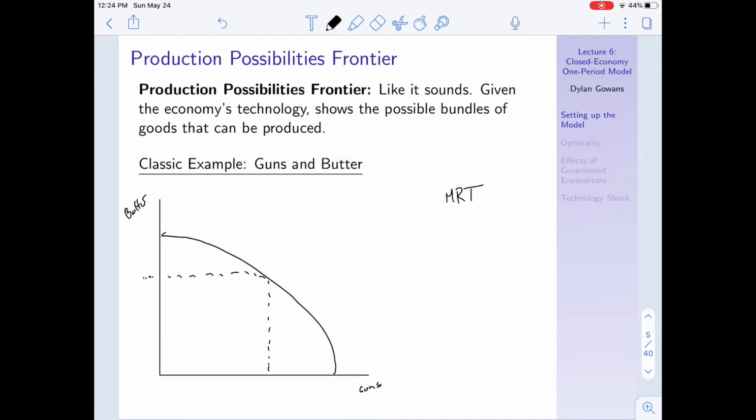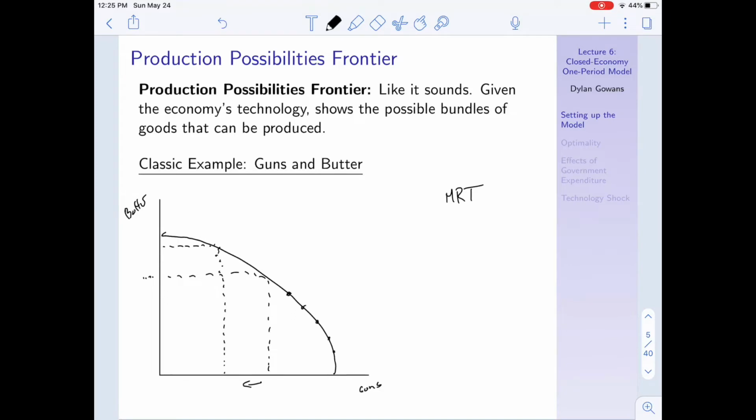But if I take some of those productive resources away from guns, so I move this way, and I produce this smaller amount of guns instead, well, then I shift some of those productive resources towards producing butter, which of course allows me to produce more butter. And so really, all this says is any point on this curve are possible bundles of guns and butter that I can produce when I'm using all of the economy's productive resources.